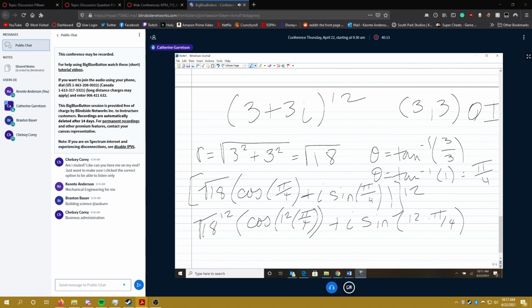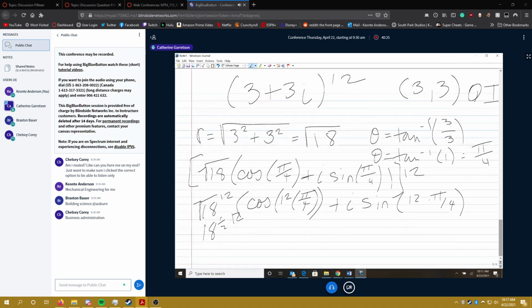So 18 to the 1/2 power times 12, it's going to be 18 to the 6th power. 18 to the 6th power is one big giant number. 34 million, 12,224.